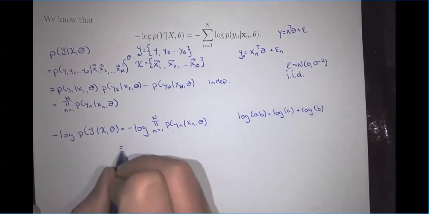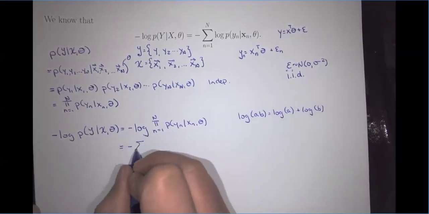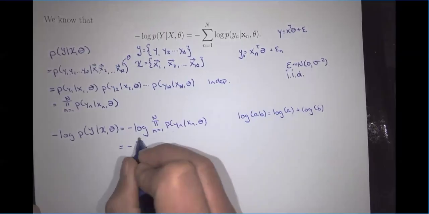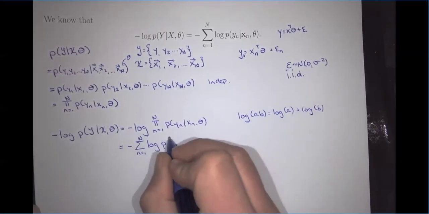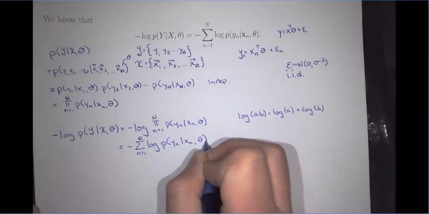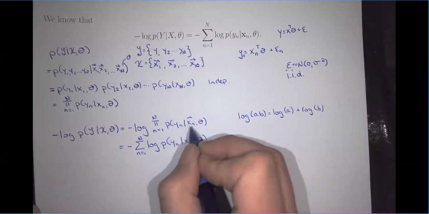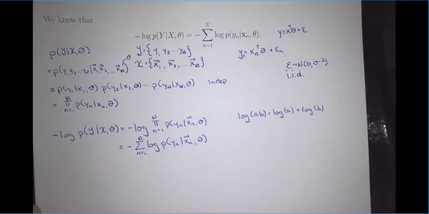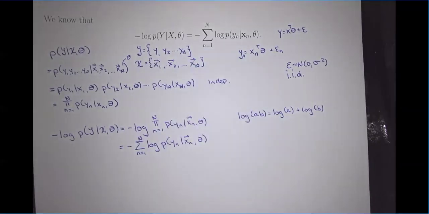So this should be negative the sum from 1 to n of the log of the probability of yn given xn and theta. And of course, that is exactly what we want to show up here.